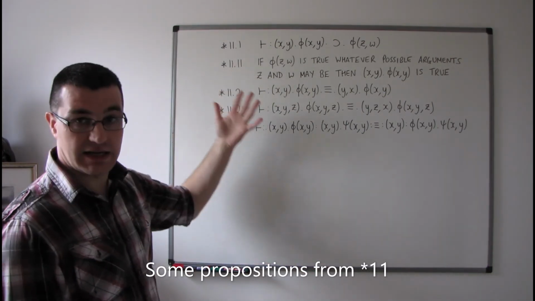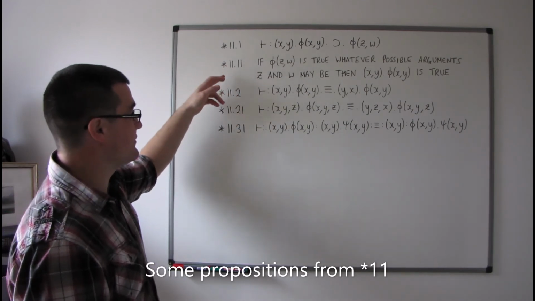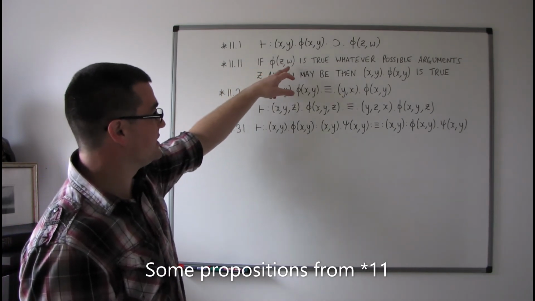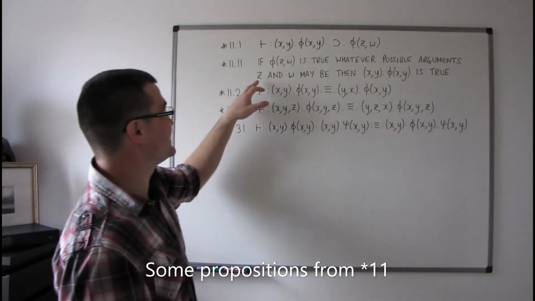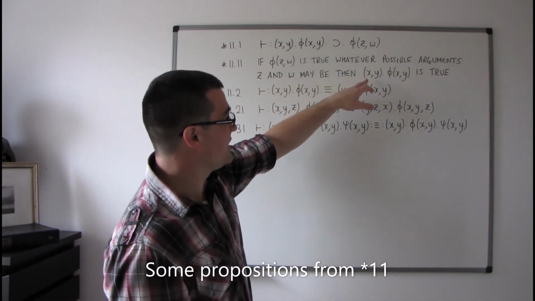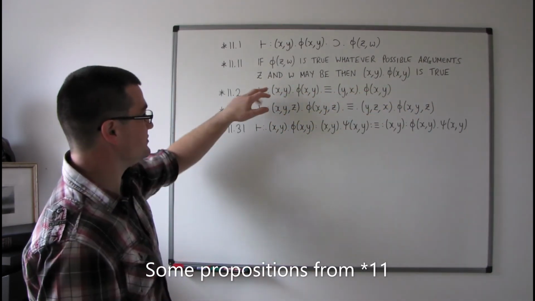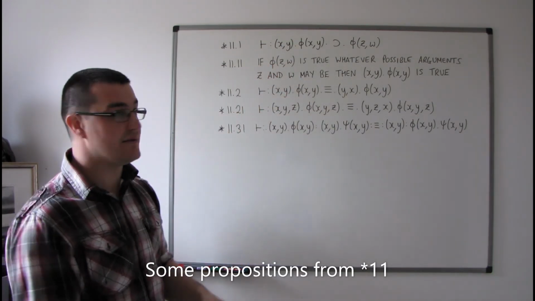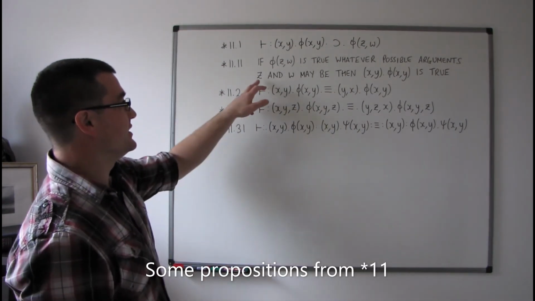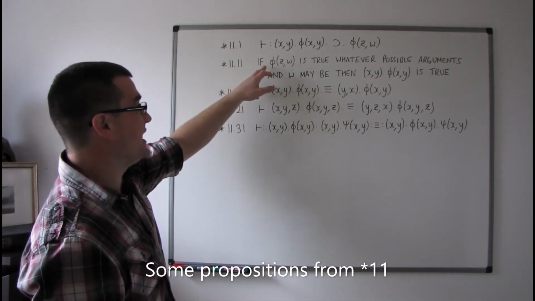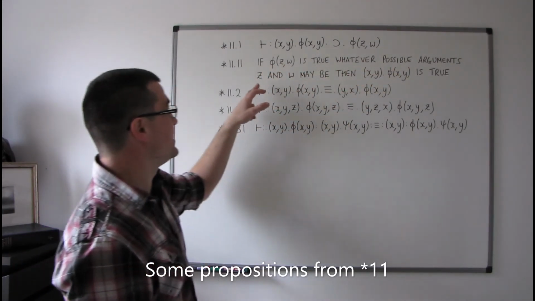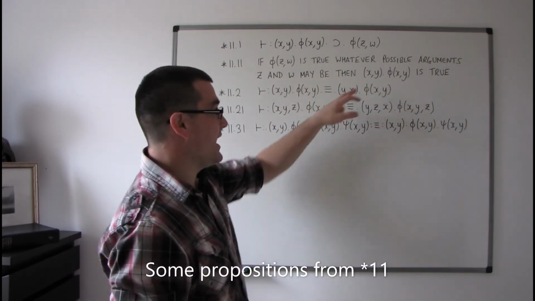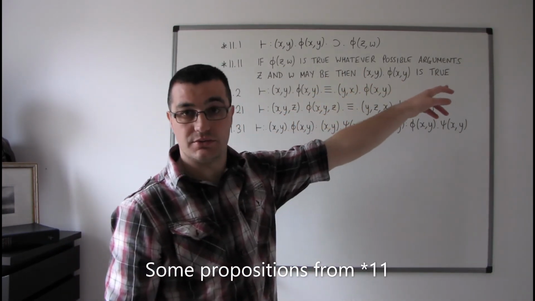We've already seen this when I was explaining the 11.07 primitive proposition. So notice with this one, it says if phi zw is true, whatever possible arguments z and w may be, then xy phi xy is true. The z and the w are in the same order as the z and the w here, but 11.07 allows me to switch the order of these, so I can say if phi zw is true, whatever possible arguments w and z may be, then I get yx phi xy is true.